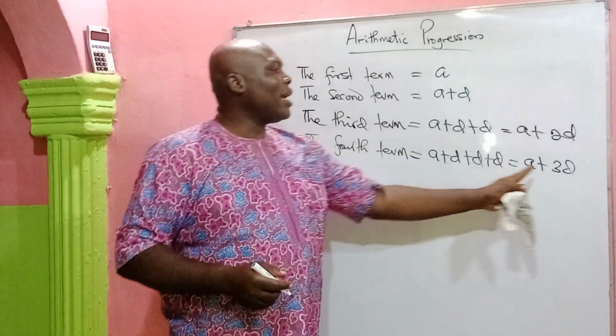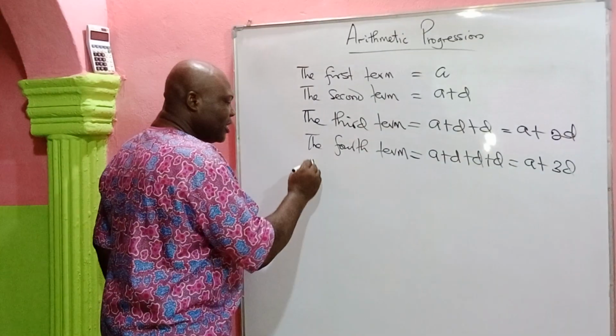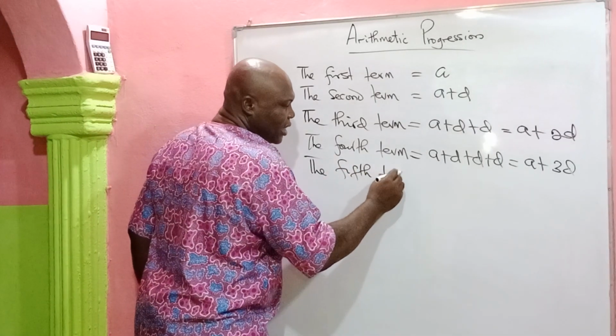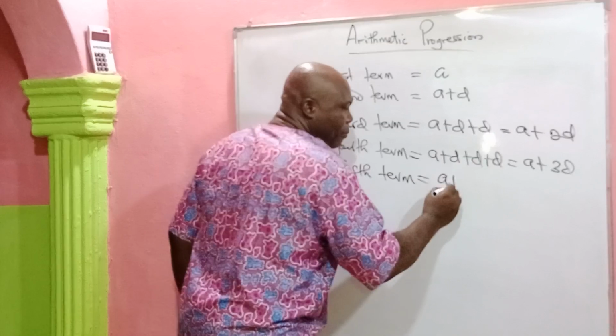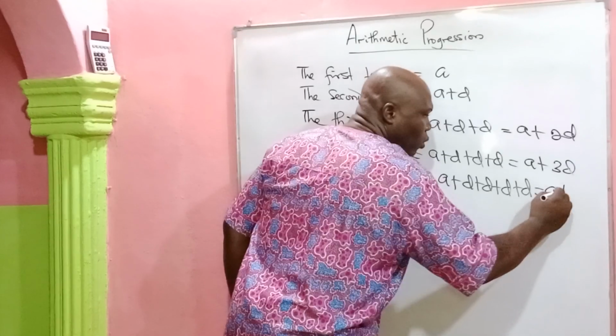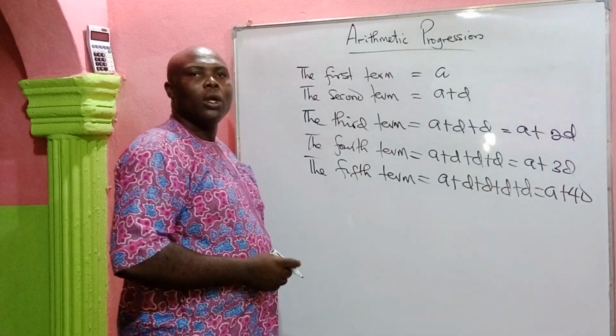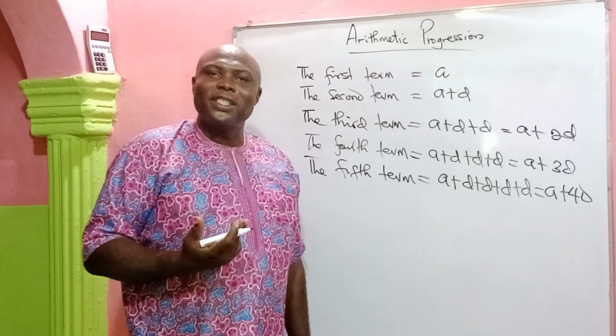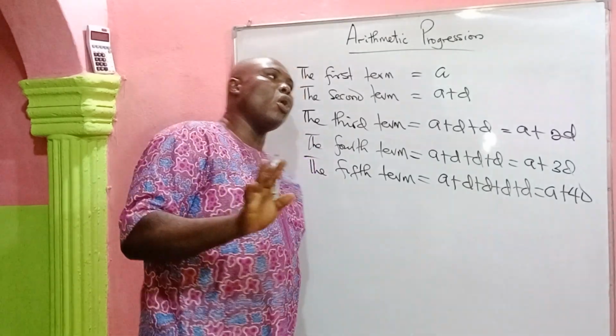The fourth term is now 3D. It means that the fifth term will be A plus 4D. So if you need the ninth term, it will be A plus 8D. The 12th term will be A plus 11D, and so on.